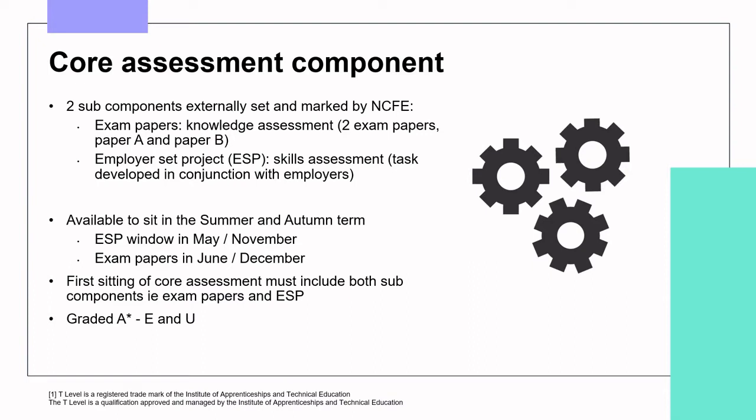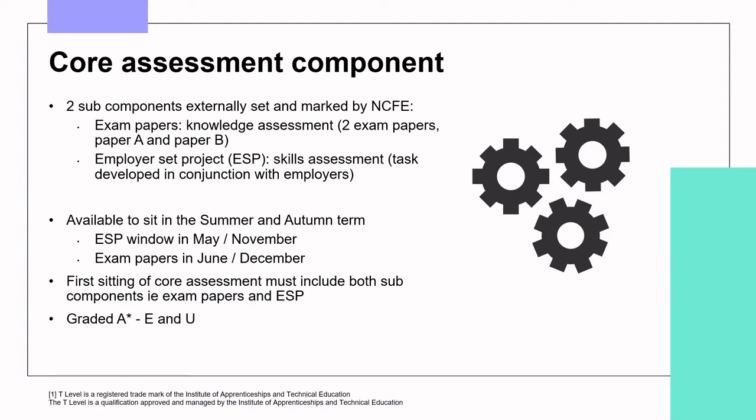When students sit the core assessments for the very first time, they need to sit both subcomponents in the same assessment series. This way, all of the core content can be assessed together. For example, the employer set project and the exam papers in the summer of year 1.